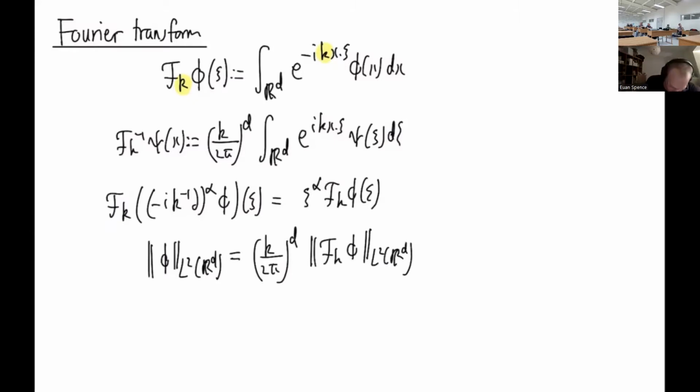And then we've got our Sobolev norms. Our Sobolev space norms, you can define them by the Fourier transform. So let's recall that definition here.